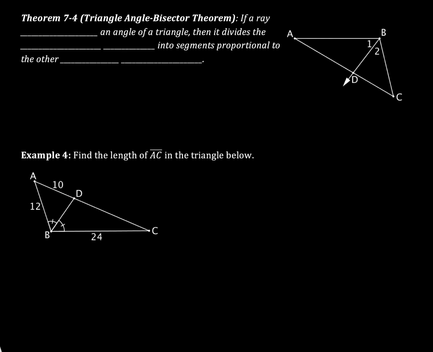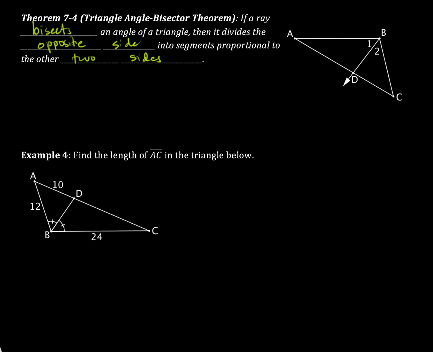The last theorem we're going to take a look at on this video is called the triangle angle bisector theorem. And it says that if a ray bisects an angle of a triangle, then it divides the opposite side into segments proportional to the other two sides of the triangle.